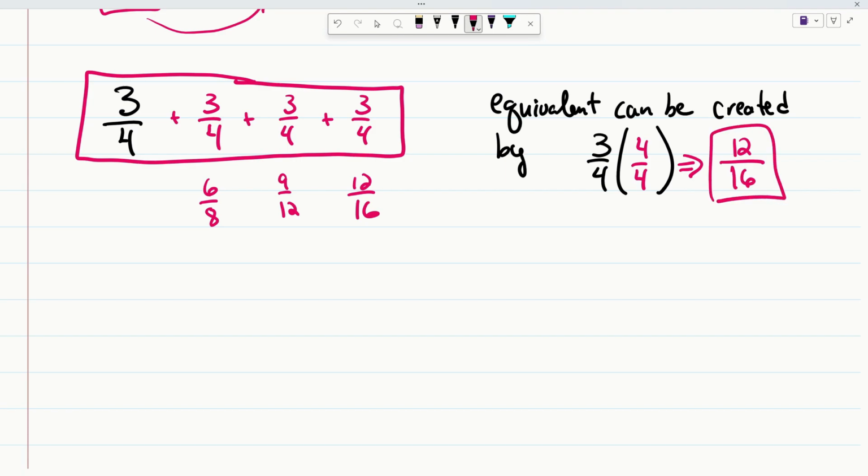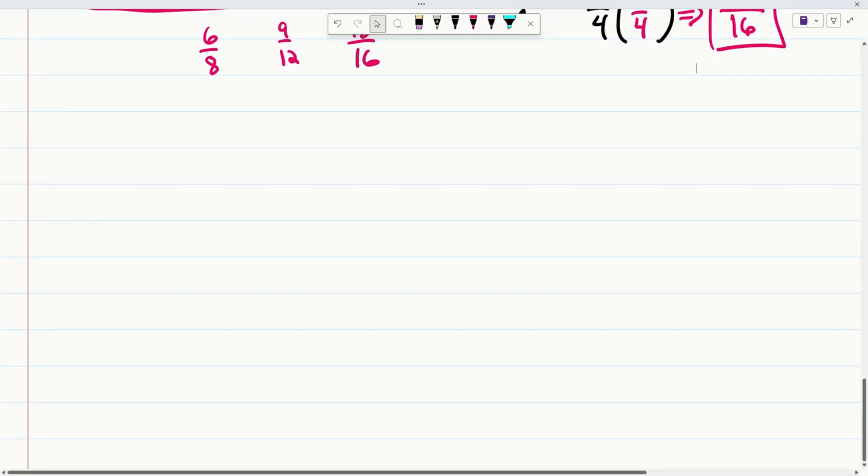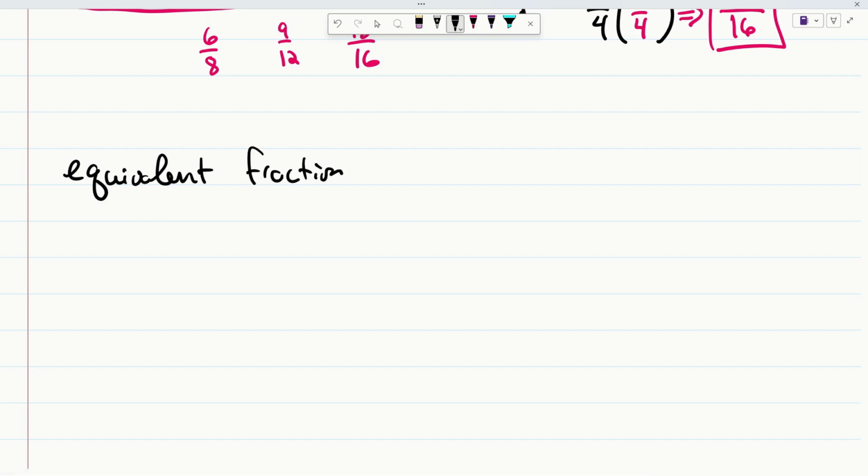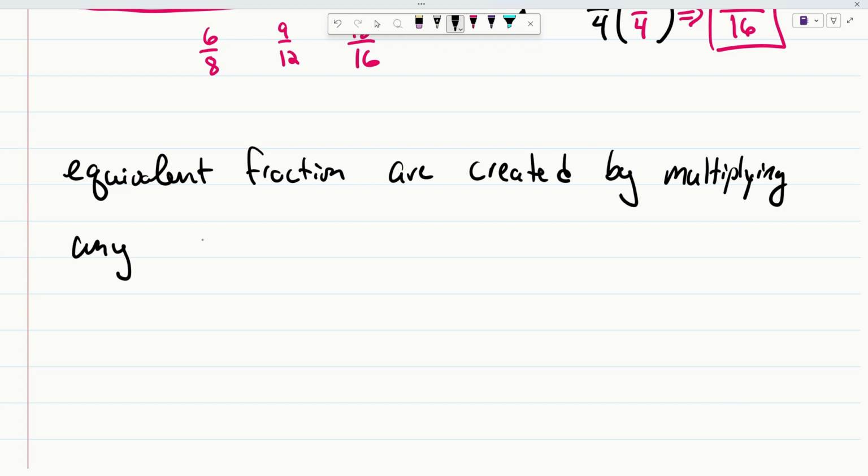So equivalent fractions are created by multiplying any fraction by n/n.